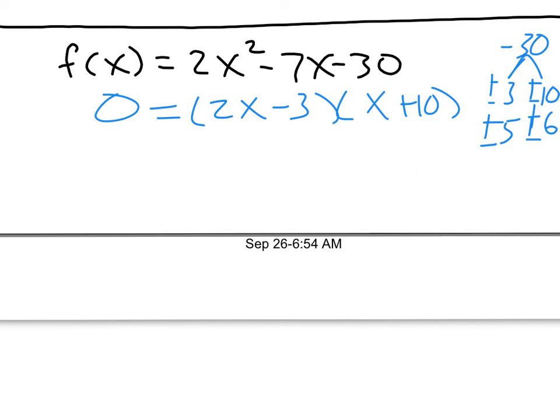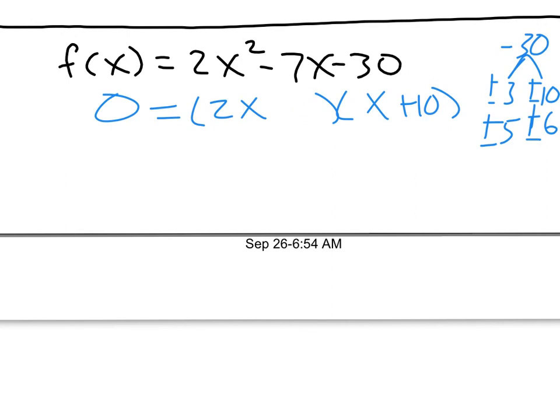If the difference is -7, we're good to go. But then again, when you FOIL it, you get 2x times 10, which is 20, minus 3x, which is 17x. So when we FOIL, we don't get -7 as our middle term. We got positive 17, and that's not what we're looking for.